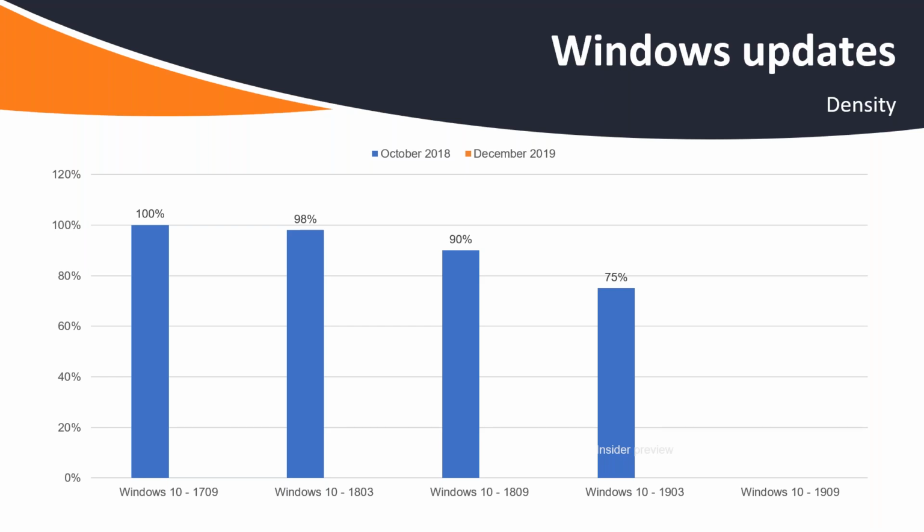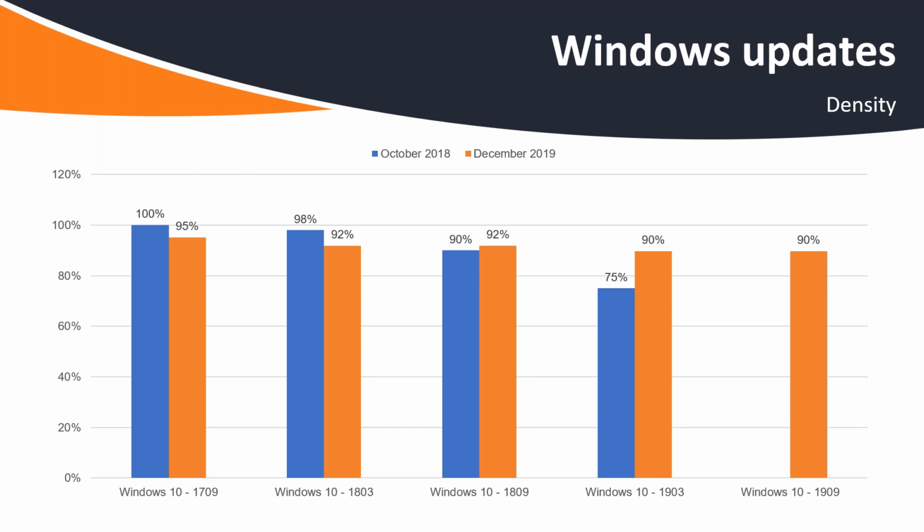Now, we ran the same test in December 2019 again, fully updated, similar versions, but with the latest updates. And this is what we saw. Somewhere down the line, Microsoft probably realized that with all these newer versions they saw a decrease in their densities, and they updated and patched the right things to make that density gap a little bit smaller.